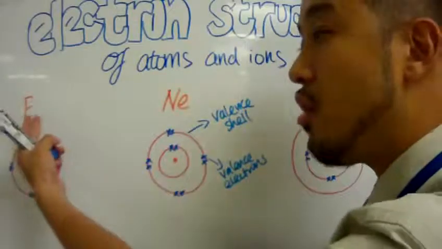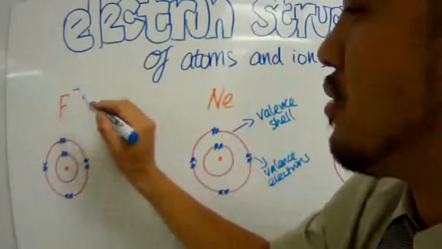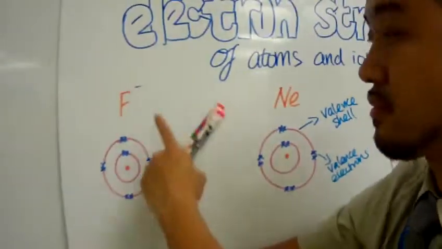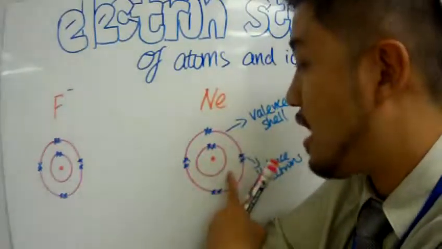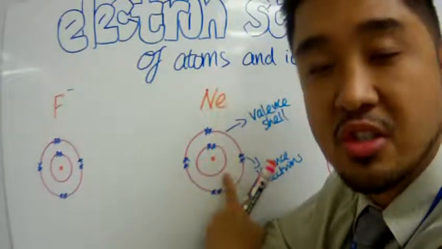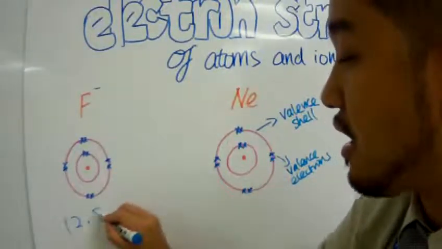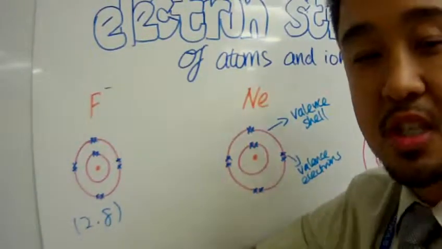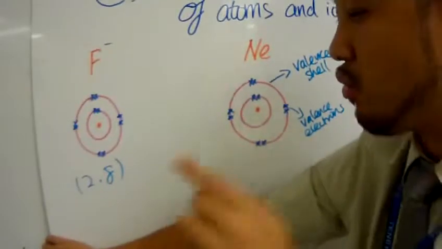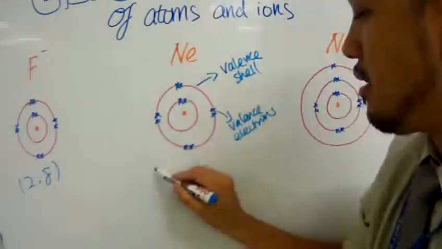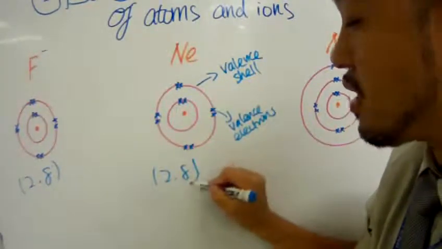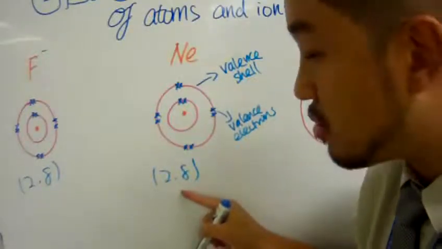And so fluorine, which is now fluoride, has the same electron structure as neon. If we were to draw the electron configuration for fluoride, it will be 2,8, and the electron configuration for neon will also be 2,8.